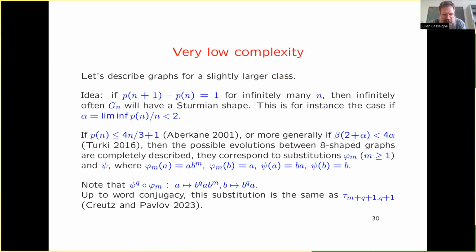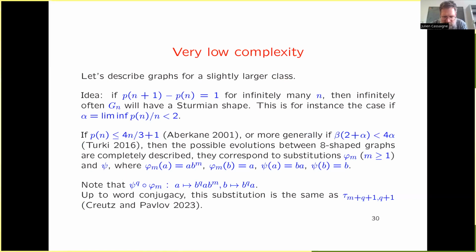The starting idea is that if the complexity is not too big, then P of n plus 1 minus P of n will be 1 infinitely often. And when it is 1, the shapes of the graph that you get are the same as the ones you get for Sturmian words. So we can start with what we have for Sturmian words and modify it a little. This is the case in particular if alpha is strictly less than 2.